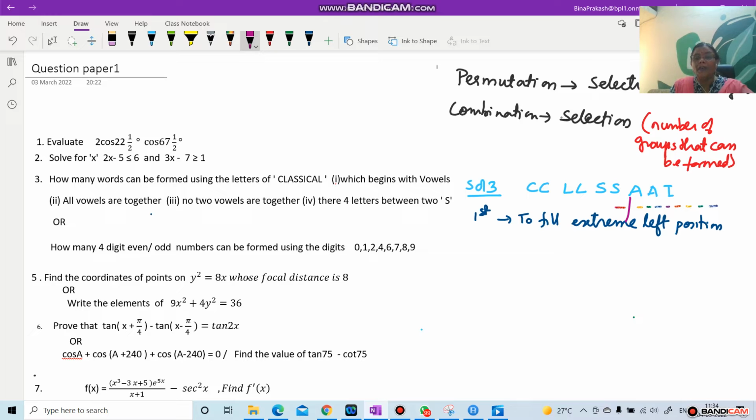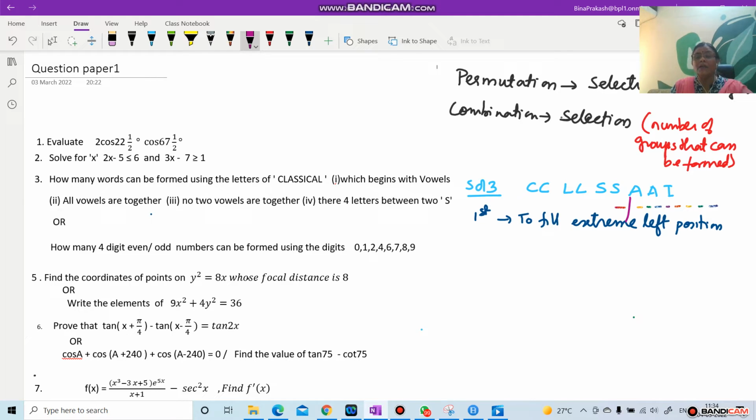So if you keep A in the extreme left, you'll find that there's only one A left out in the 8 elements. So when you take up the arrangement of those 8 elements, there is only one A for arrangement. But in case you take up I here, then you have two A's for arrangement, which are two different situations.